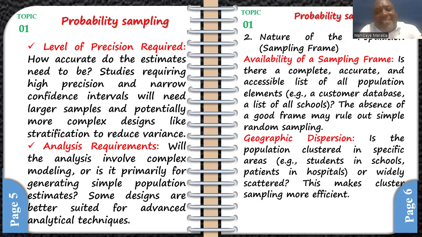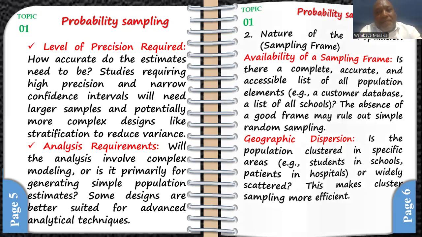Is the population clustered in a specific area? E.g., if you're doing research in education, students in schools, or if you are doing it in hospitals, patients in hospitals, or are they widely scattered? This makes cluster sampling more efficient.